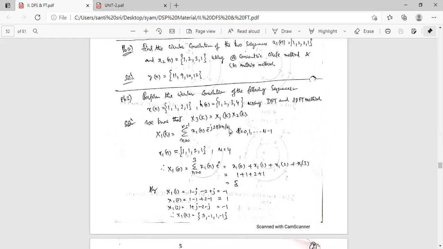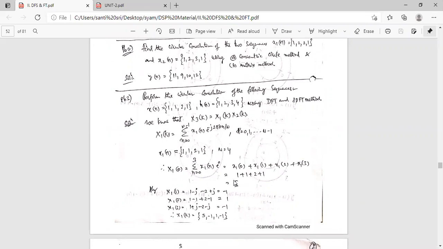N is 4. So for x1 of 0, if n is 0, then x1 of n into e power 0, and e power 0 is 1. So it will become x1 of 0 plus x1 of 1 plus x1 of 2 plus x1 of 3. So these are the values given, and you will get the x1 of 0 value as 5. Similarly for x1 of 1, x1 of n into e power minus j 2 pi kn by 4, where k is 0 to 3 and n is also 0 to 3.